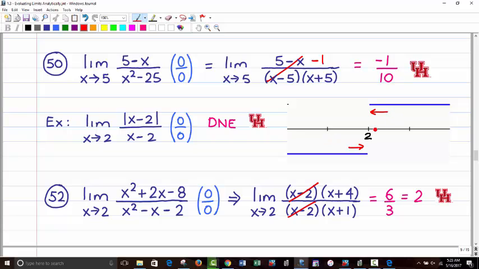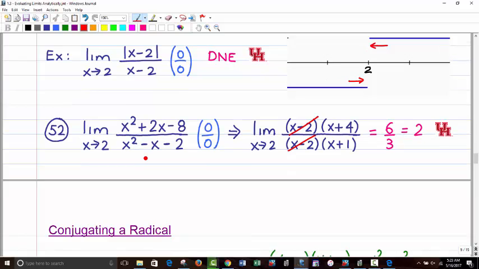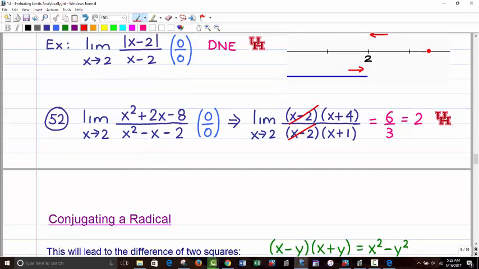Graphing's good enough because you can see as x approaches 2, they're not even close to approaching each other. That's just like we did absolute value of x over x in the last section. They're 1 one way, -1 the other. Does not exist.